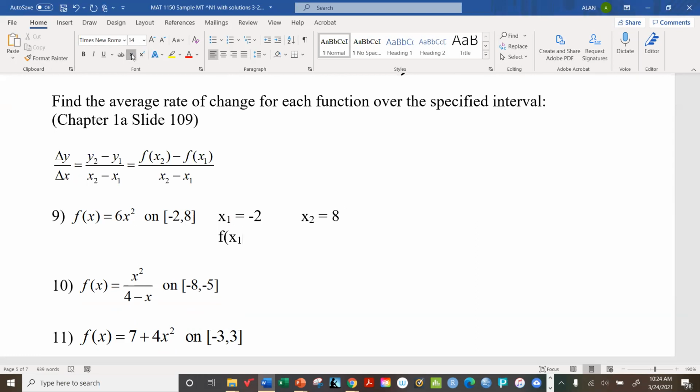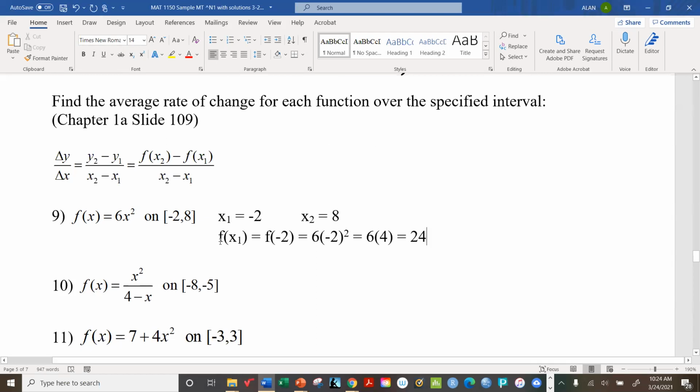All right, so in this case, we'll have f of -2 equals 6 times (-2) squared, which is, of course, 6 times 4, which is 24. Okay.